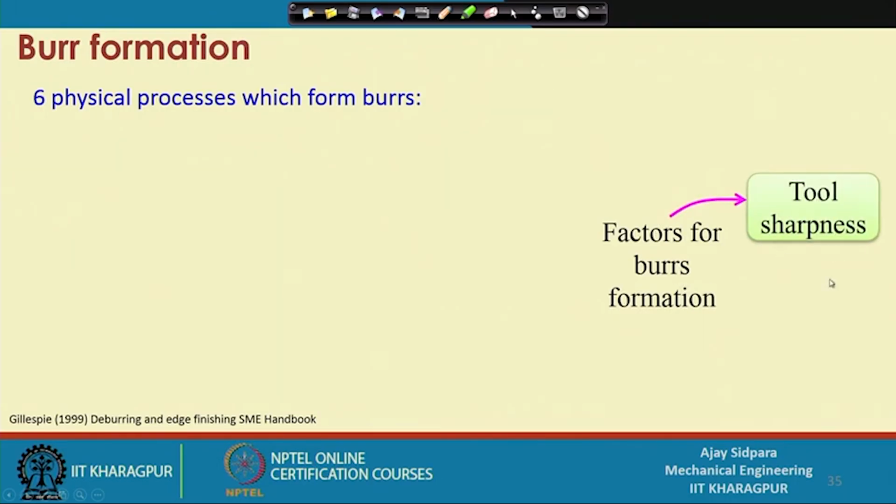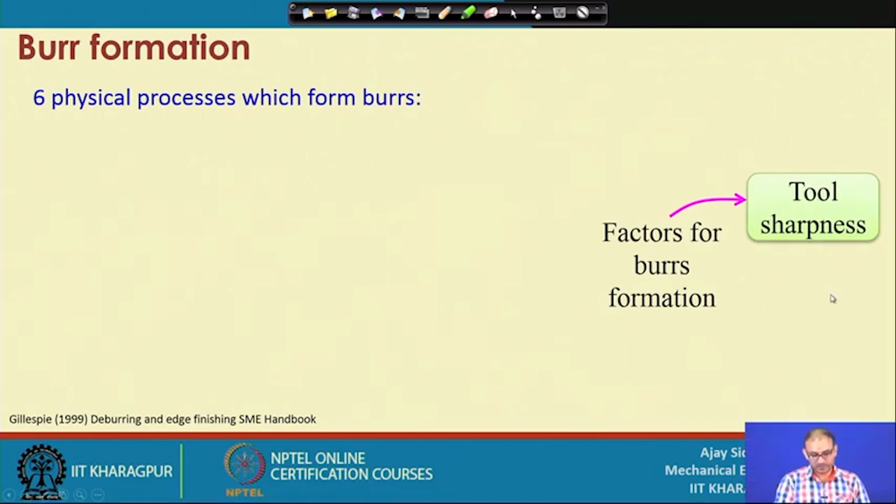One is that tool sharpness plays an important role, because if you are machining with a blunt tool, at that time, we know that your cutting edge radius is very large compared to the uncut chip thickness, and that is the reason you are not able to remove material very cleanly, and you end up with the rubbing and plowing mechanism which we have discussed some time back.